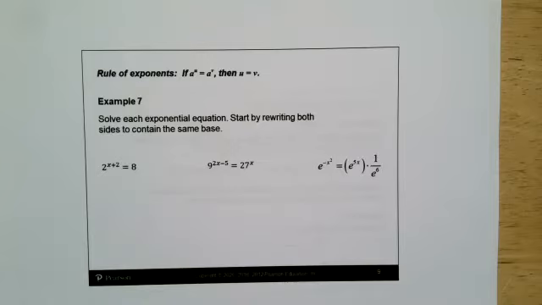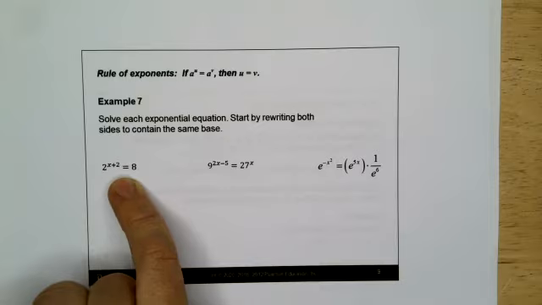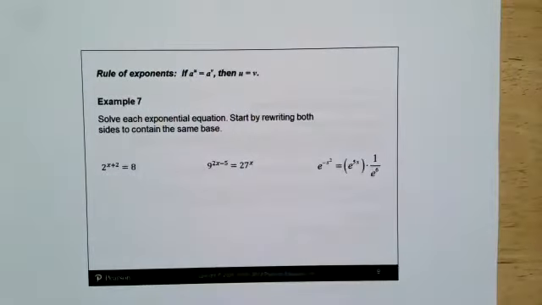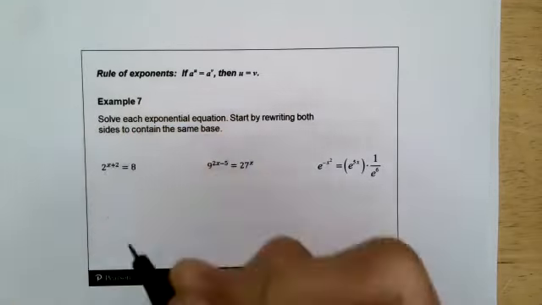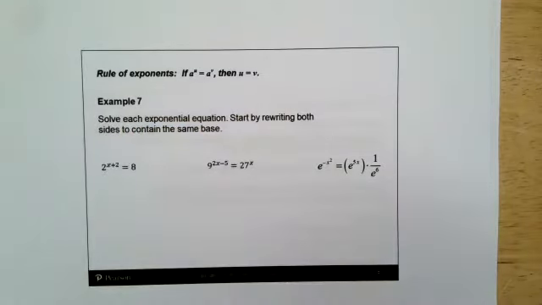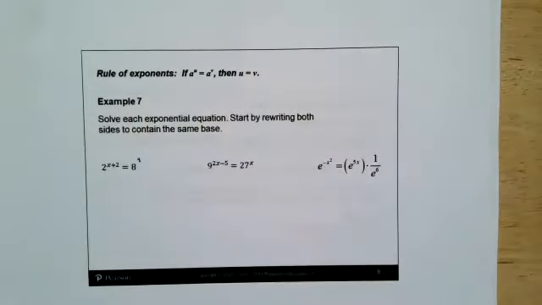So we're going to solve 2 to the power of x plus 2 equals 8 using this rule, okay? Here we have a base 2 with an exponent x plus 2, and on the other side we have a base 8 with an exponent of 1, right?